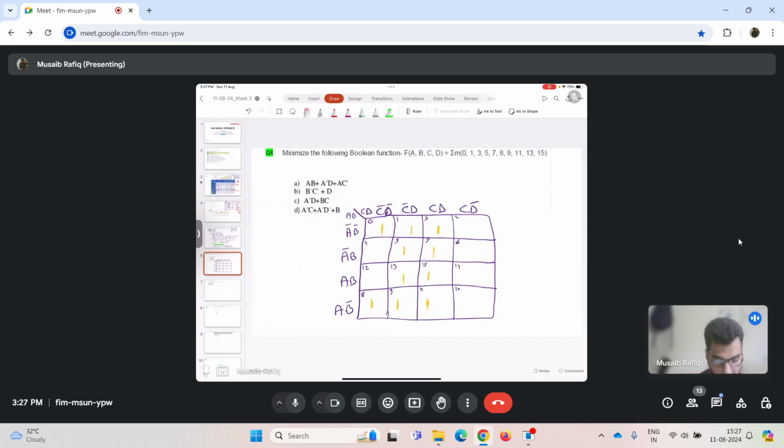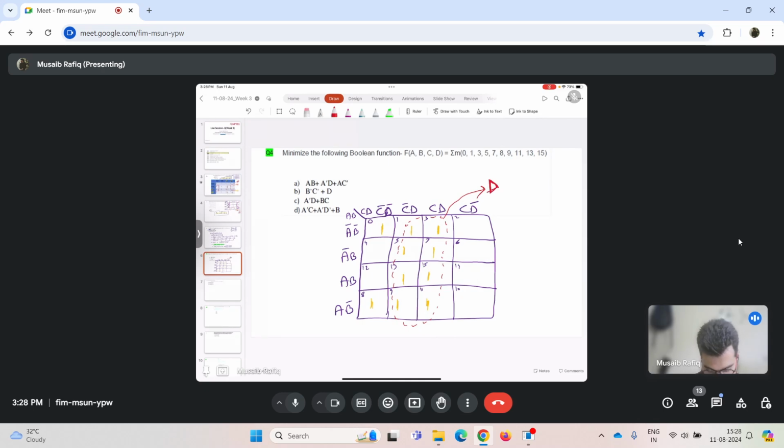And having a look at this K map, I think I can make an octet. So by taking these 8 min terms, I am having an octet, and the contribution from this octet is, so AB is changing and only D is not changing, so it is D.